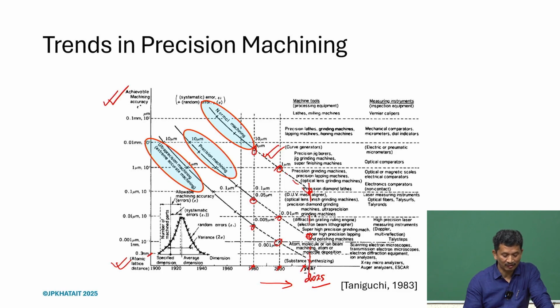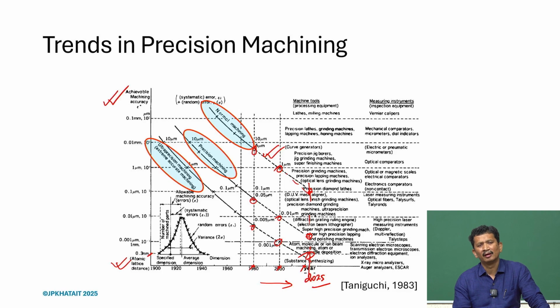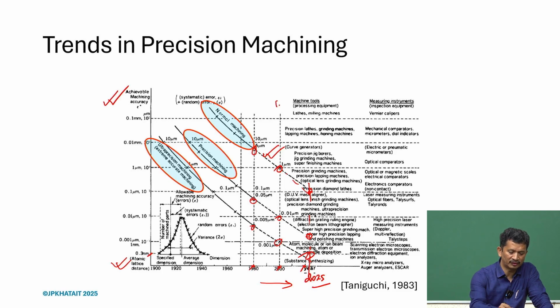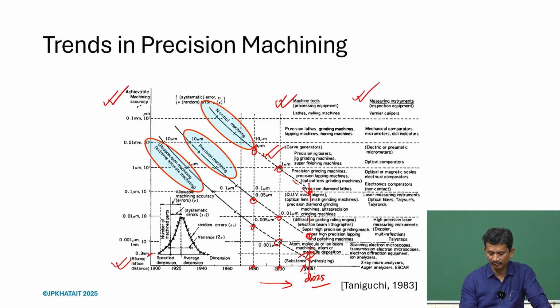So we realize that even in machining, moving from normal machining to precision to ultra precision machining, we are going more or less to nanometer levels, and it's very important to understand how to achieve these numbers. So we are talking about repeatability of that order. We can talk about different kinds of machine tools and different kinds of measuring instruments, and it was presented by Taniguchi way back in 1983.